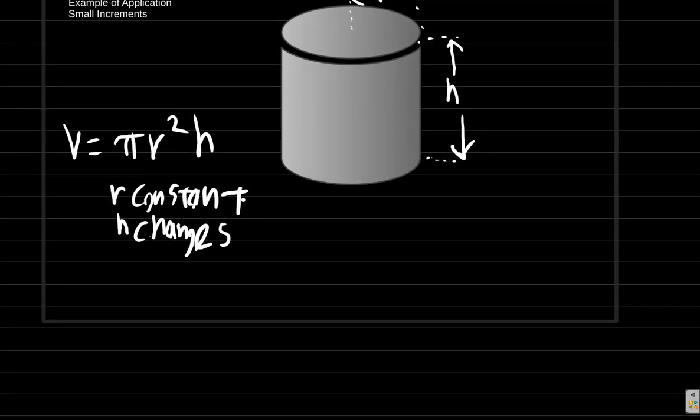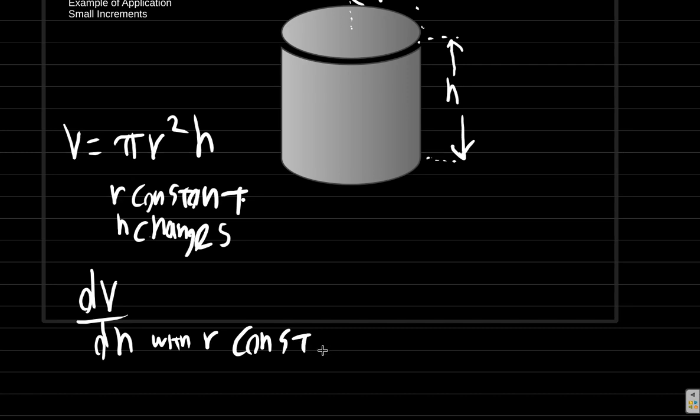If you consider that you differentiate and find dV by dh, since h is changing with r constant, then you have a partial differentiation here. You have a partial derivative, right? You have two variables, but you lock one of them for now and change only the other variable. So it's a partial derivative.